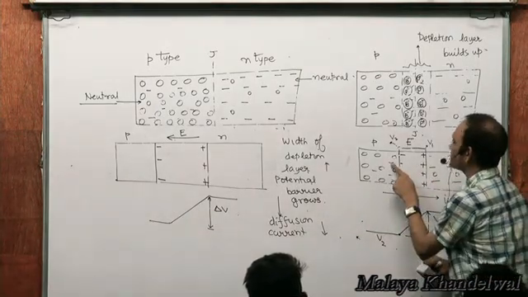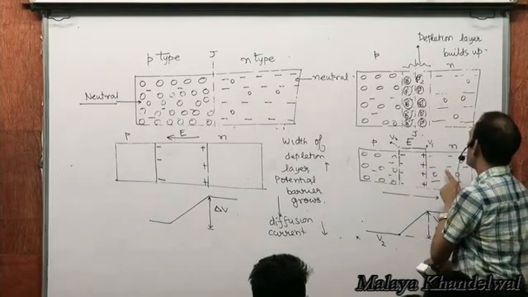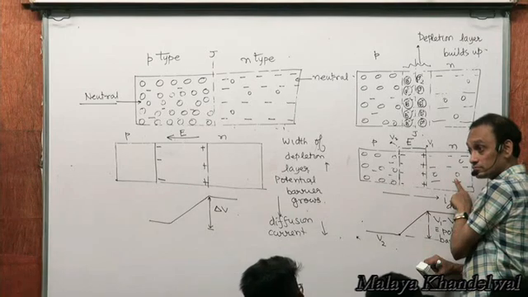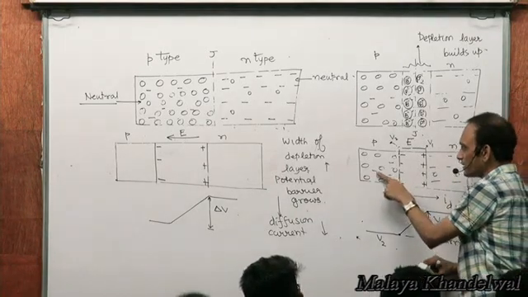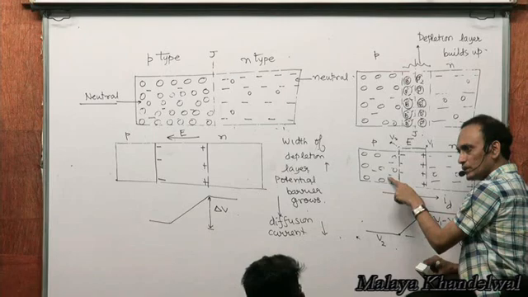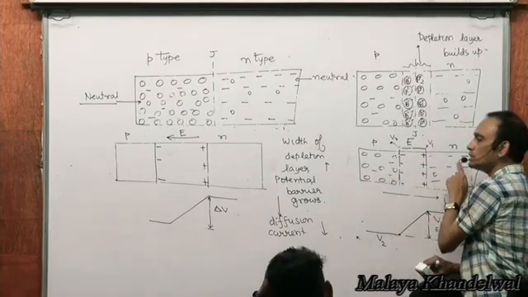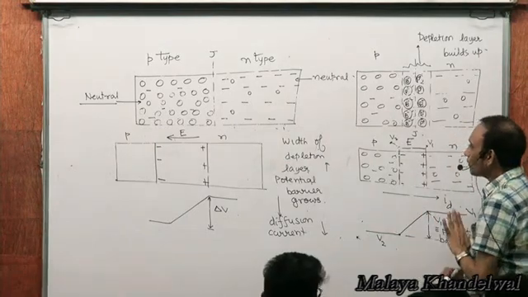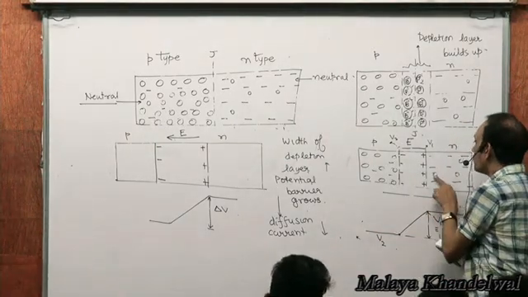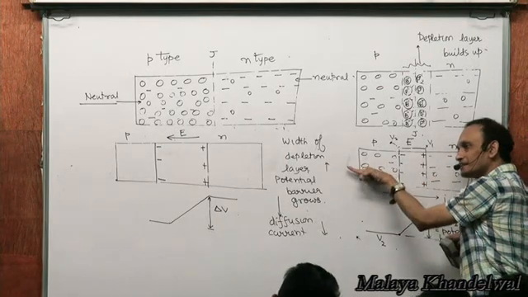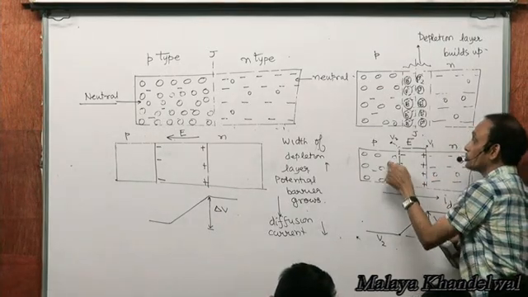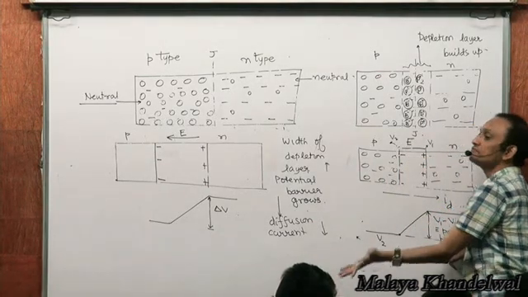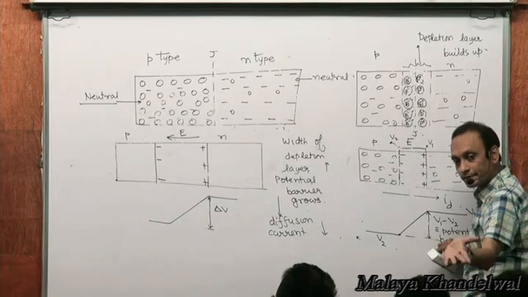Minority charge carriers are electrons in the P type and holes in the N type. Now, look, holes can move in the direction of the electric field, and electrons can move opposite to the electric field because of natural consequences, right?